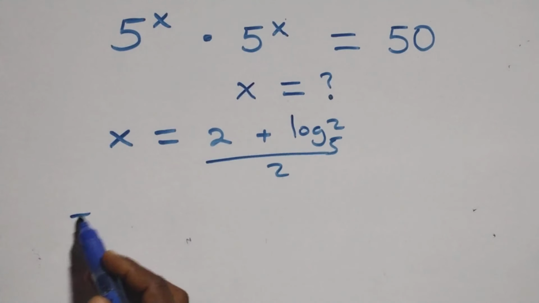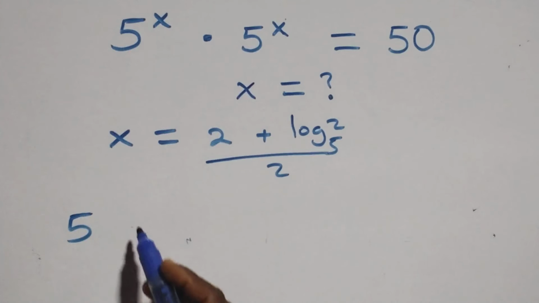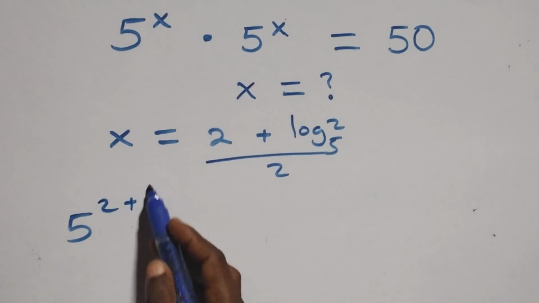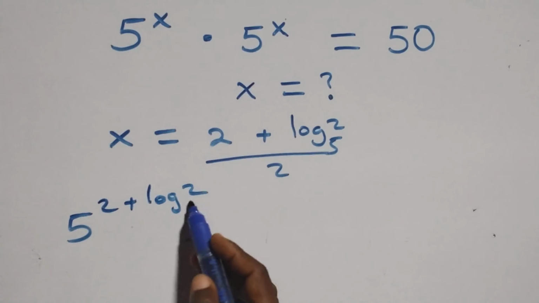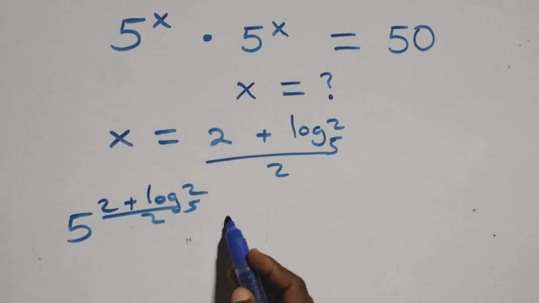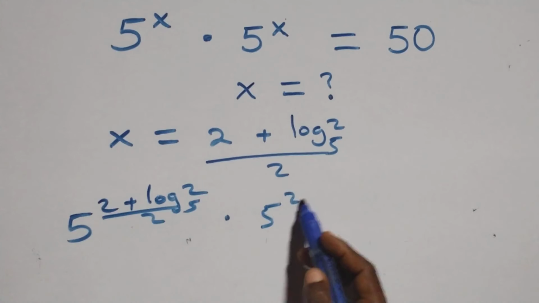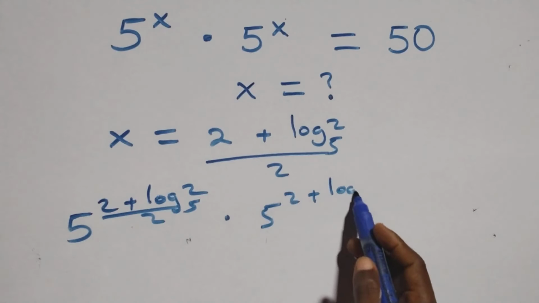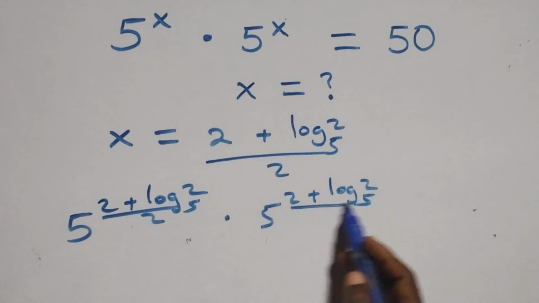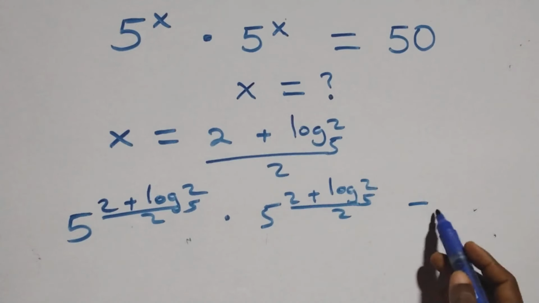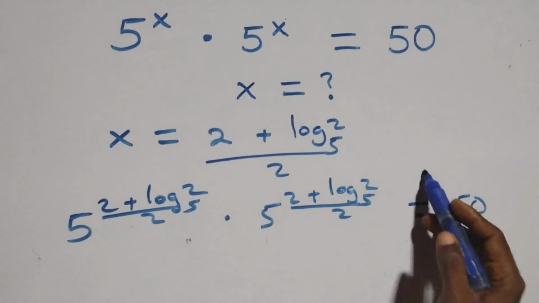That is, here we have 5 raised to power 2 plus log 2 base 5 all over 2 times also 5 raised to power 2 plus log 2 base 5 all over 2 equals 50 on this side.